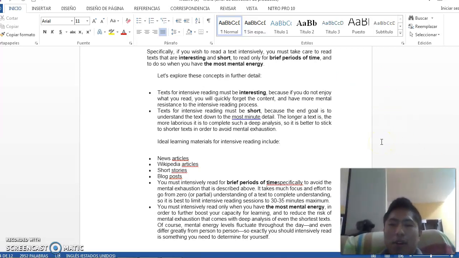Three words for what's this? For intensive reading: topics should be interesting, really interesting. It should be short, and you need enough energy to be ready, especially mental energy. And most of the time the idea is to get much meaning from the text.